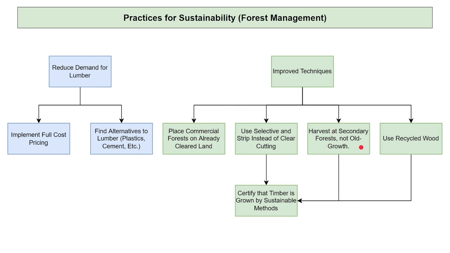Harvest from secondary forests and not old growth, so you can maintain high biodiversity where the forest still exists. Use recycled wood. And when you do have to cut, use selective cutting or strip cutting instead of clear cutting as well. You can verify that these are done by getting certifications on your timber to know if it's grown by sustainable methods. You can actually research if the wood you are buying is using best practices for sustainability.